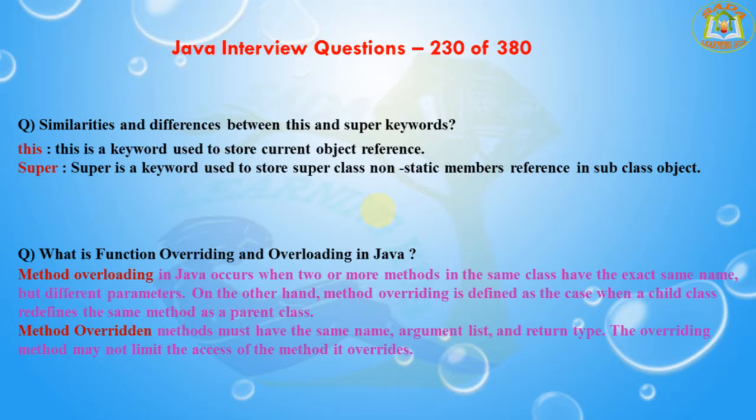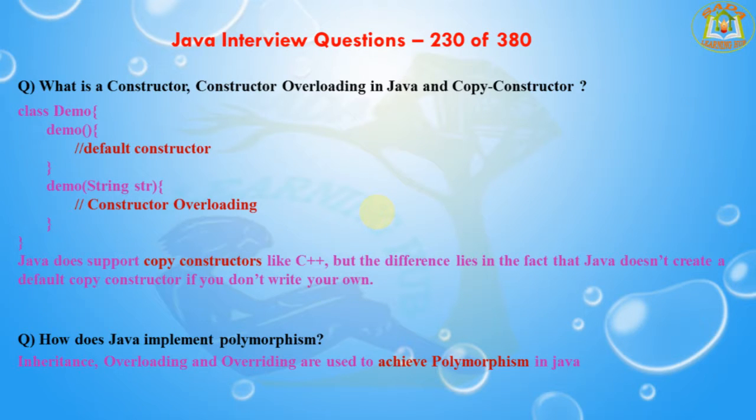The next question is, what is the constructor, constructor overloading in Java, and the copy constructor? A constructor gets invoked when a new object is created. Every class has a constructor. In case the programmer does not provide a constructor for a class, the Java compiler creates a default constructor for that class. Constructor overloading is similar to method overloading in Java.